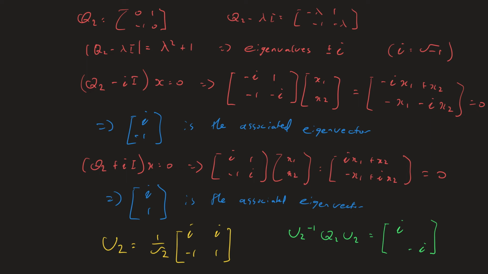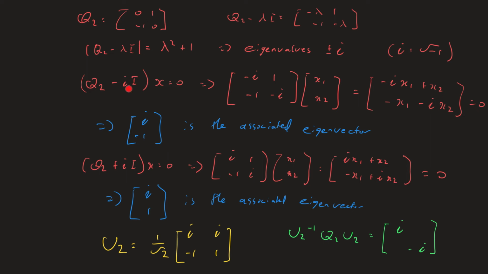So negative lambda times negative lambda gives us lambda squared. 1 times negative 1 gives us negative 1. So we've got lambda squared minus negative 1, which gives us lambda squared plus 1. This is equal to 0 when lambda is plus or minus the square root of negative 1, which we denote by i.